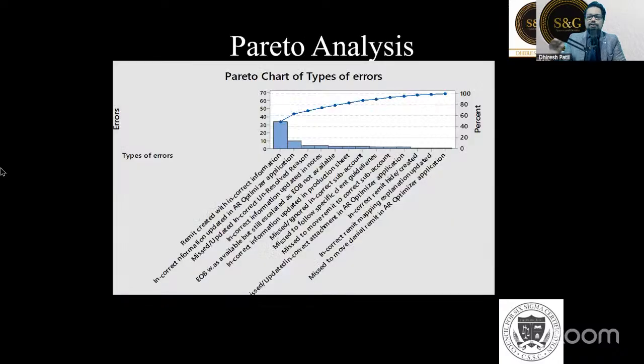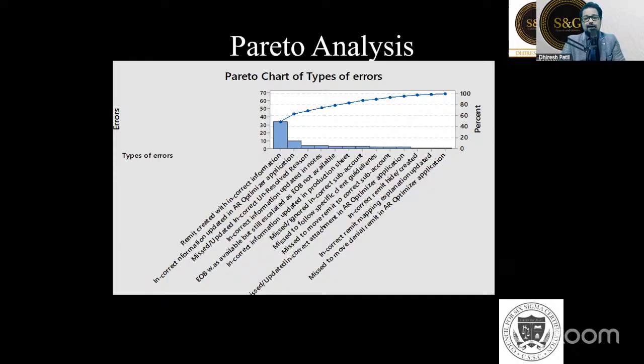Then once the data is collected, we do the data screening. Data screening means putting the data in Minitab or similar software and extracting information out of it.